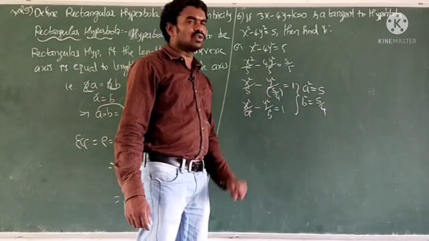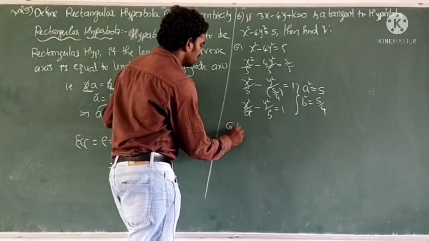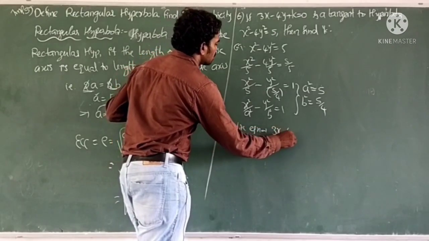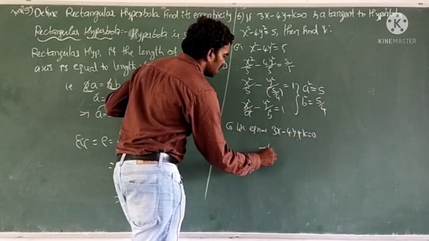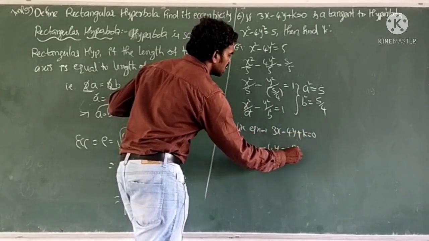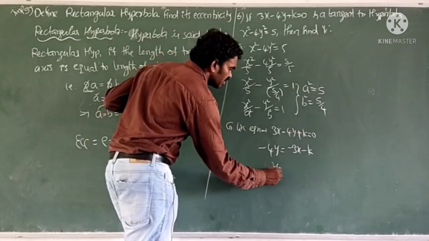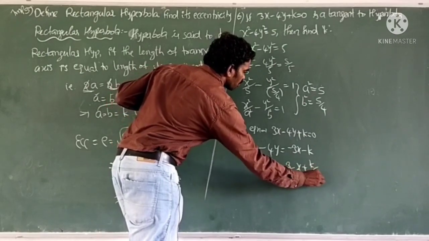Okay, a square, b square both are there. And the given line equation is 3x minus 4y plus k equal 0. So minus 4y equals minus 3x minus k, and dividing with minus 4 on both sides, y equals 3 by 4 x plus k by 4.